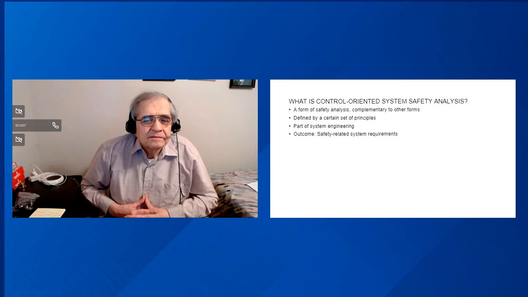This is not a replacement for any other type of safety analysis. Here, the analysis is defined by a set of principles. These principles are part of system engineering and turned into actions. The outcome is a set of safety-related system requirements for the system of interest. In short, that is what control-oriented system safety analysis is.